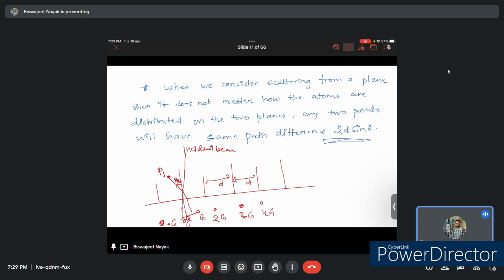The Bragg reflection then will be perpendicular to the set of planes.